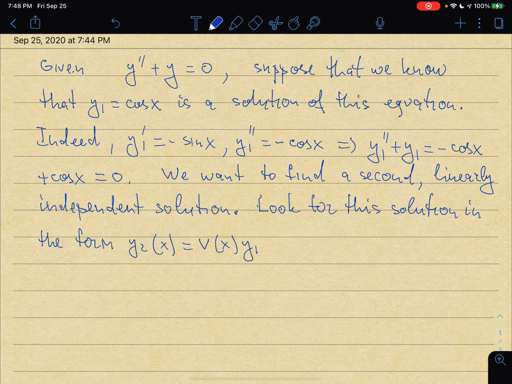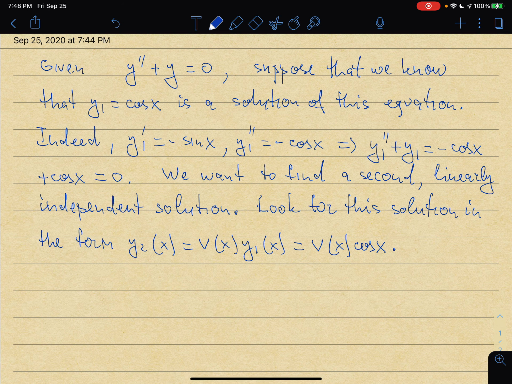So v of x times y1 of x, which in this case means v of x times cosine of x. So rather than looking for the function y2, I'm looking for the function v, and I hope that the equation that I will need to solve is going to be simpler somehow.